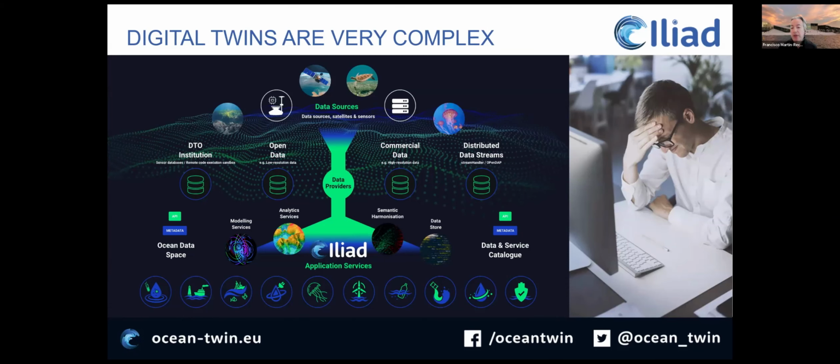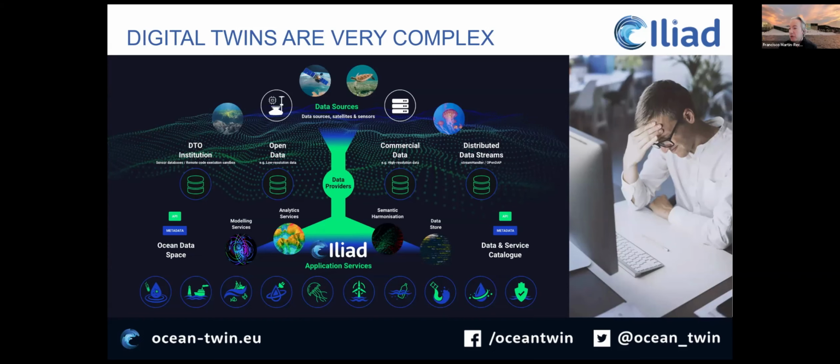And of course, we will try to make ourselves as integrated with other platforms as possible. So this is the idea of introducing this concept of ocean data spaces. This is, at a very high level, what kind of services you are expected to find in a digital twin like the one that Iliad is building.